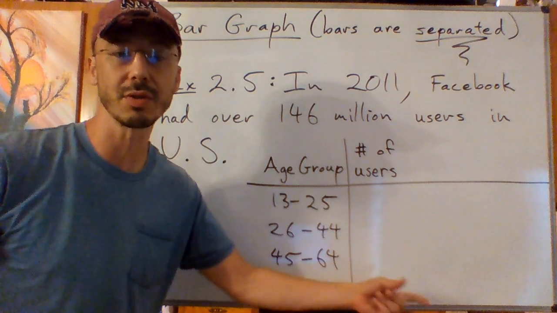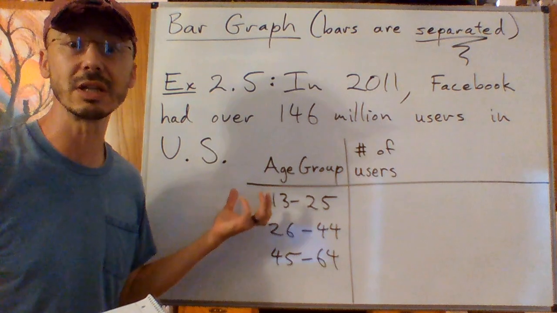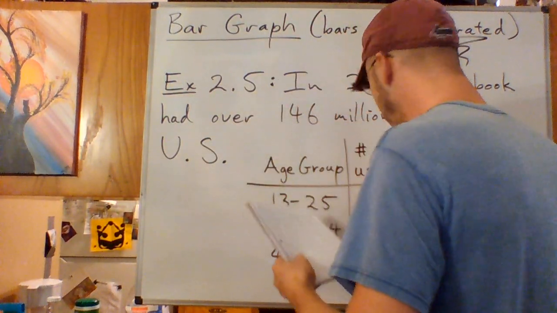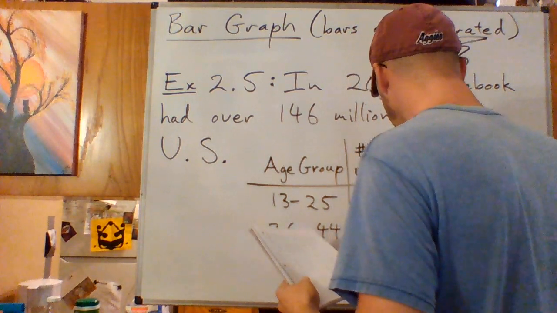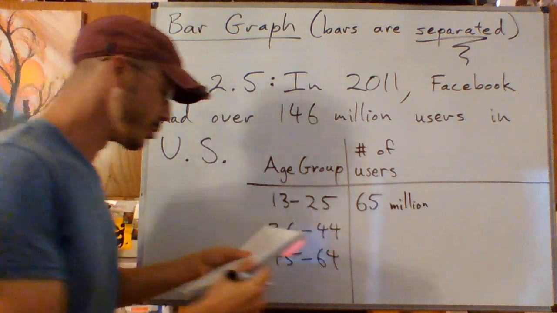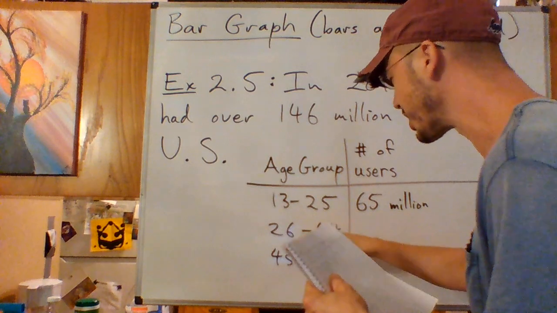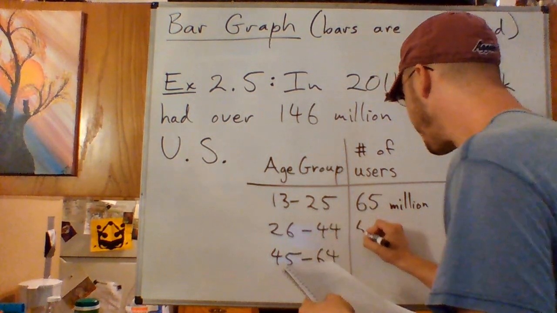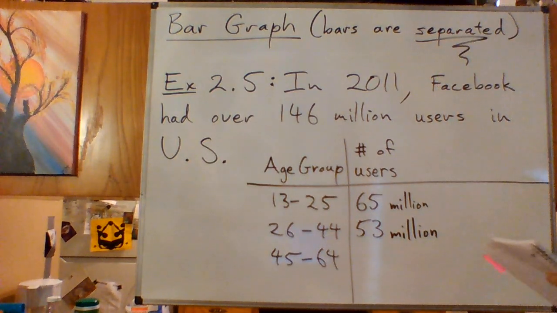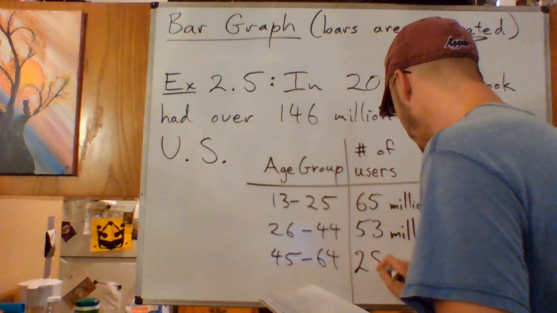I'm sure there are Facebook users above 65, and there's probably Facebook users under 13, but for this data, my number of users is 65 million. For this category, the middle, or the in-between 20s, 30s, and 40s, it's 53 million. And for the older group, it's 28 million.